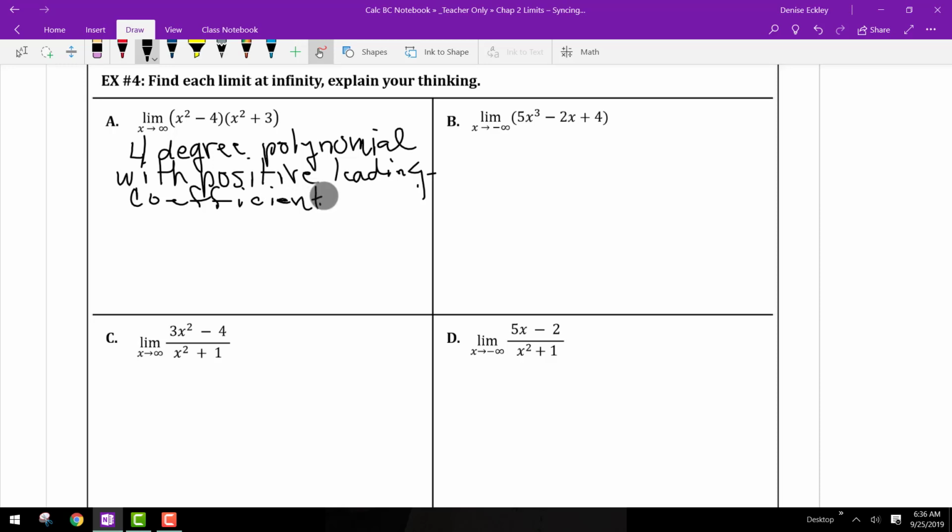If you recall, that means our end behavior is going to look like this. So that means that this is an unbounded function.